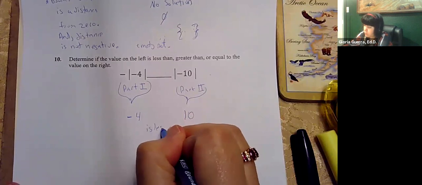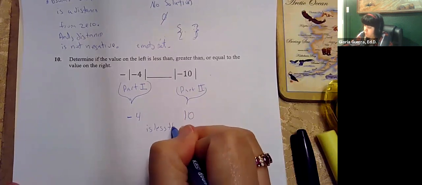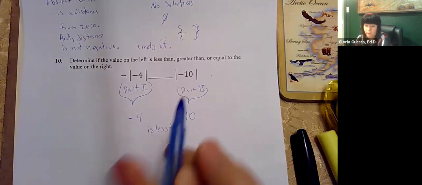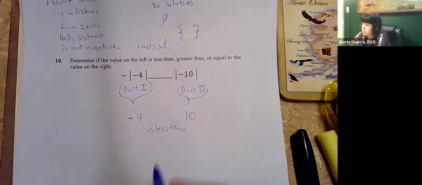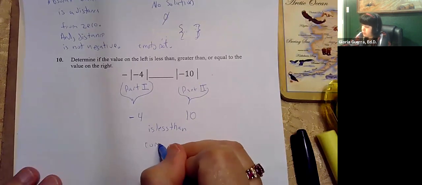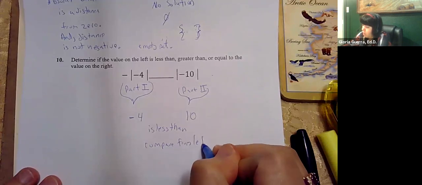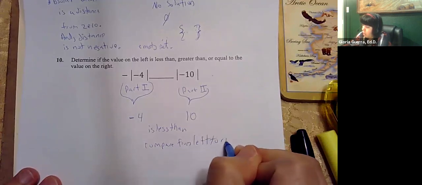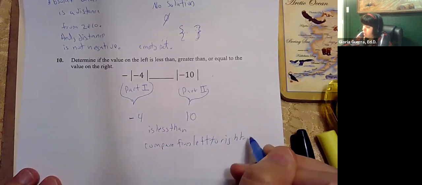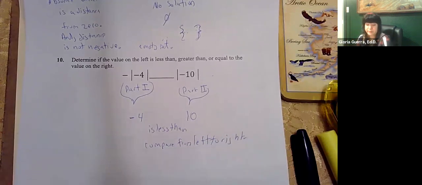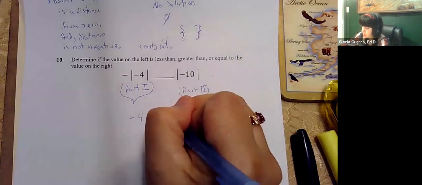It's less than. You always compare from left to right, always. So the symbol for less than would be this.